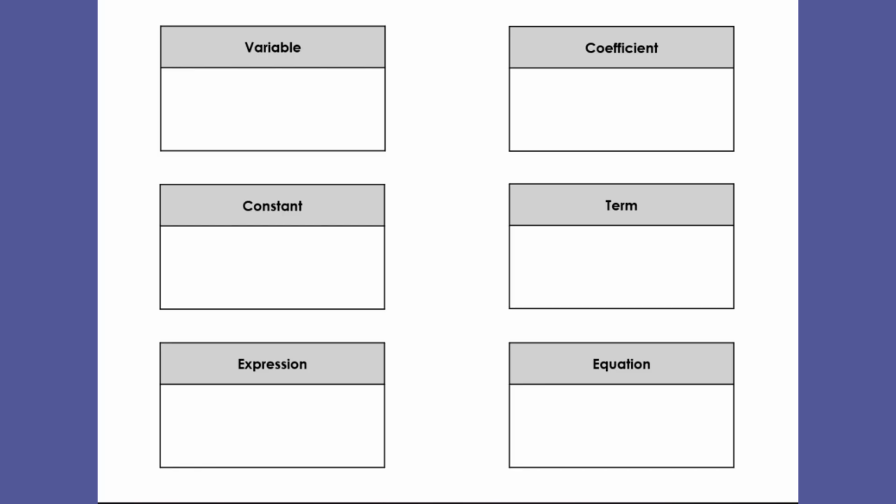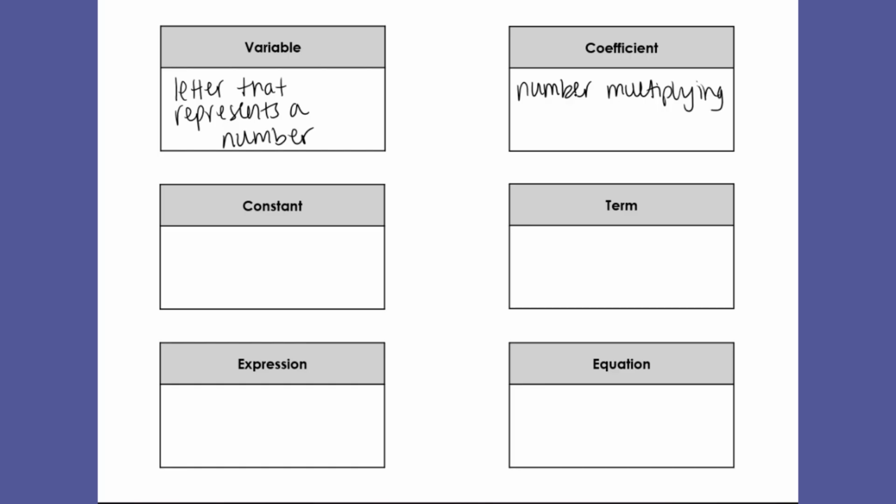So variable is a letter that represents a number. A coefficient is a number multiplying the variable.